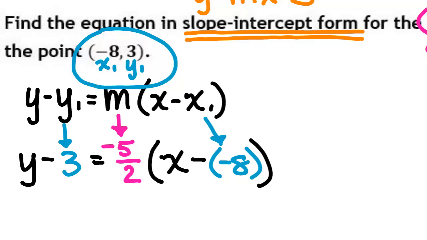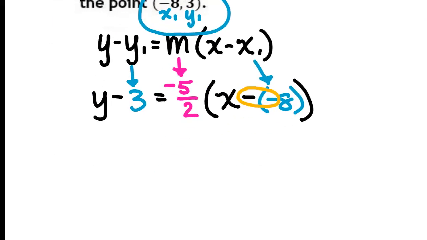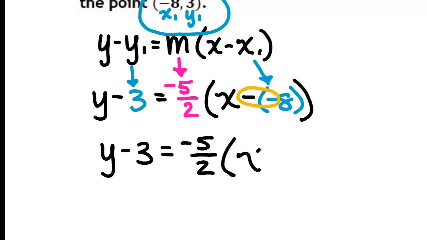Notice, this minus sign came from my formula right here. This negative sign came from x1. What happens when we subtract a negative like that? Becomes a positive. So y minus 3 equals negative 5 over 2, and then in parentheses, this becomes x plus 8.